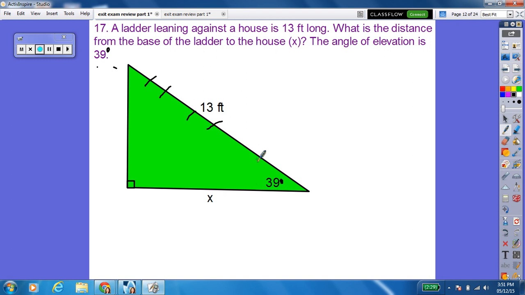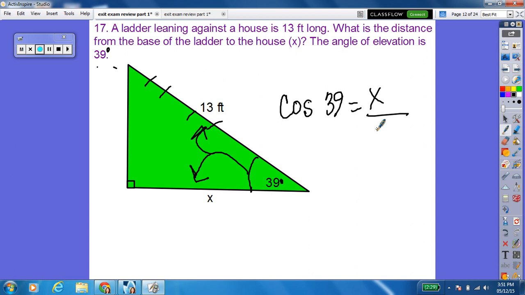I'm looking at my angle, that's where I'm focused, and this here is my adjacent, and there is my hypotenuse. So we're going to be using cosine. Cosine of 39 is equal to adjacent over hypotenuse.